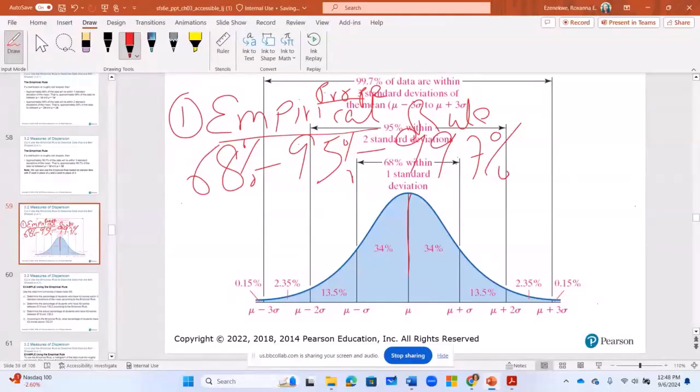So the empirical rule can be called 68, 95, 99. And this empirical rule says for any data under a normal curve, 68% of the center lies within one standard deviation.